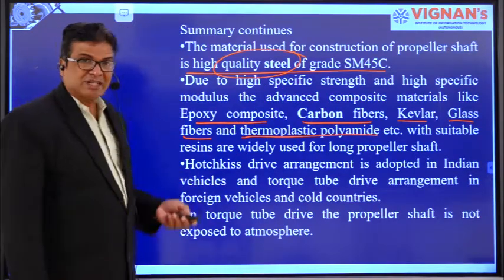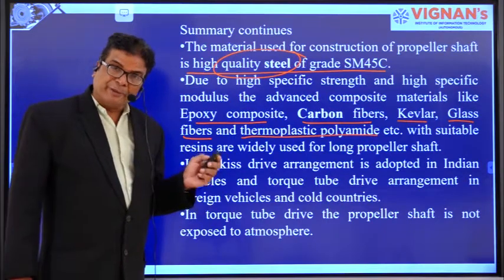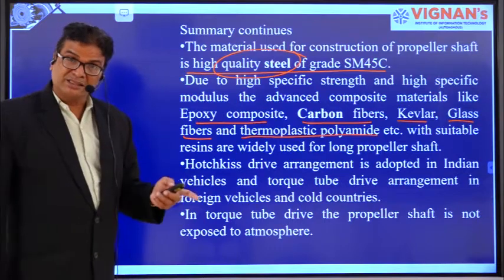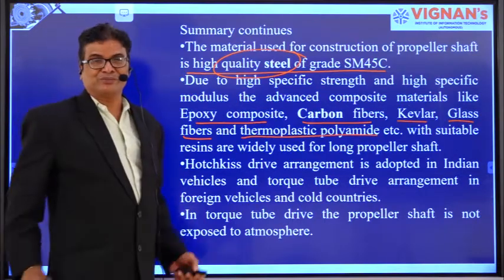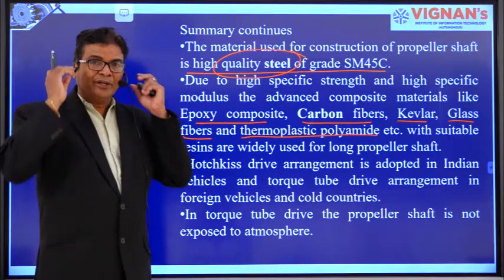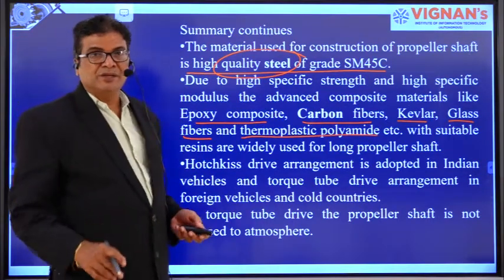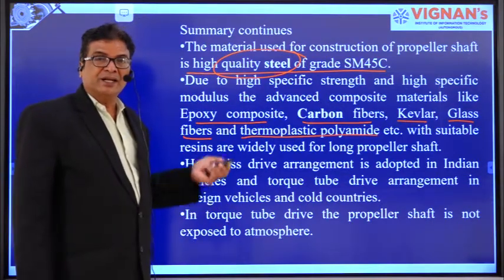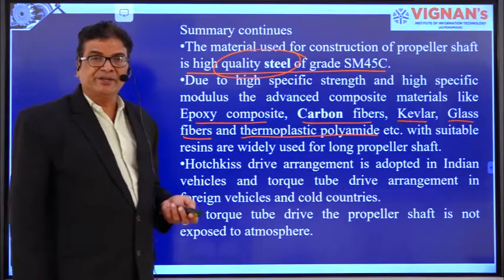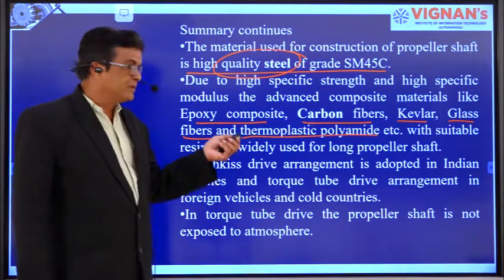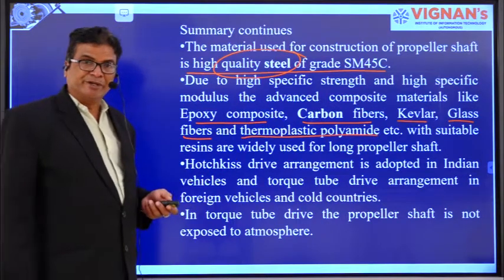These are provided by steel as well as composite materials. So here we can use composite materials for the manufacturing of the propeller shaft. This is the latest advanced study going on for the application of propeller shaft.